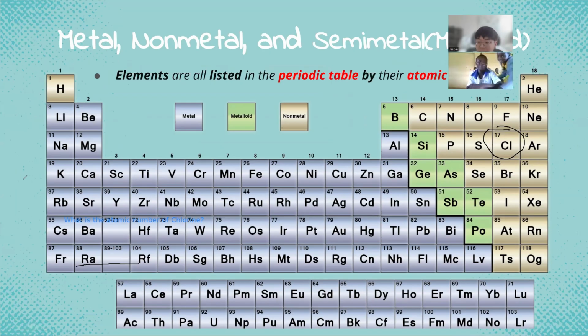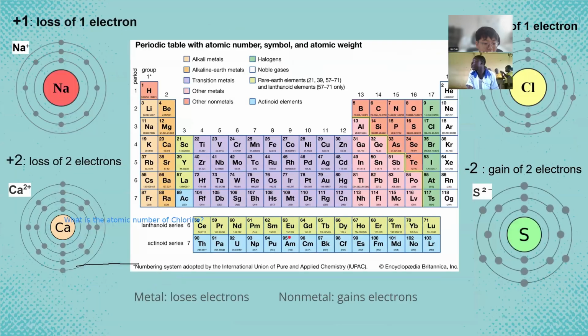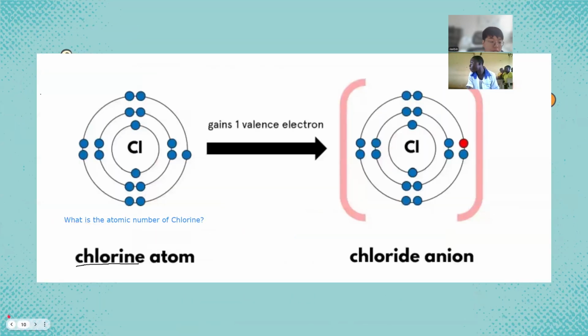So chlorine has 17 as its atomic number. That means it has 17 protons and electrons. Chlorine has 17 electrons.